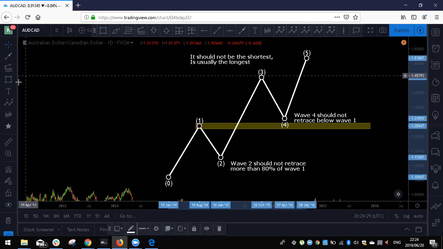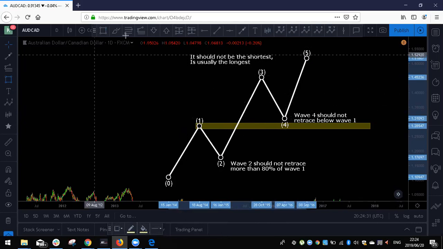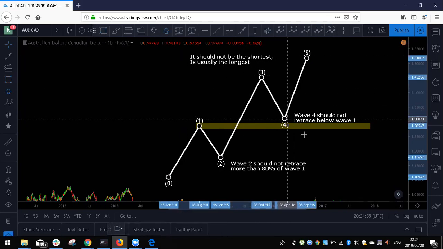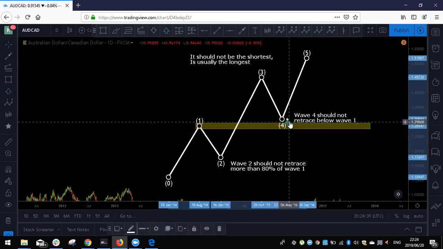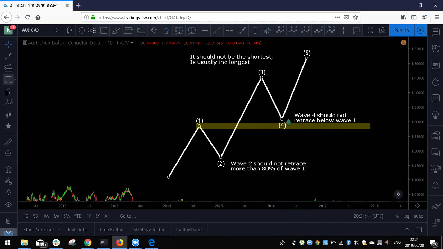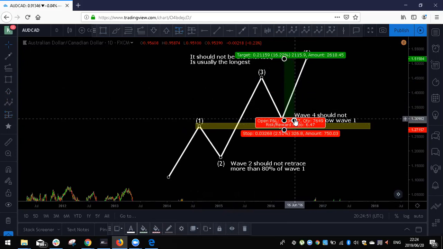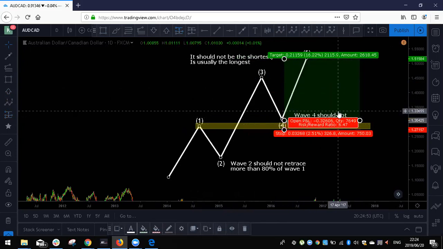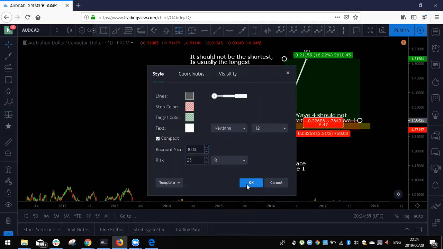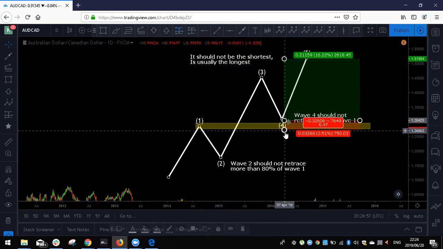Let's say you want to take a buy somewhere there, and you already know it's a wave 4. Your stop loss needs to be below wave 1. At that point, you'll know the wave has been invalidated.